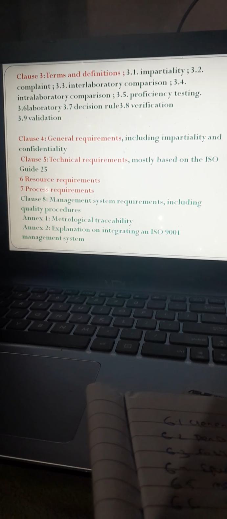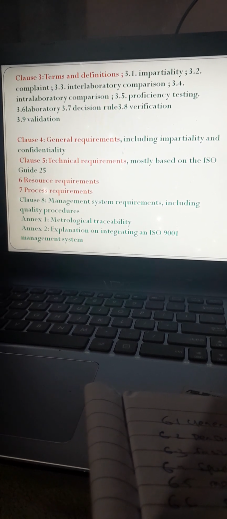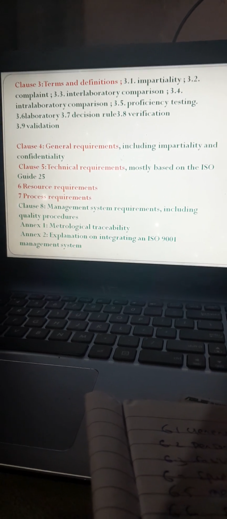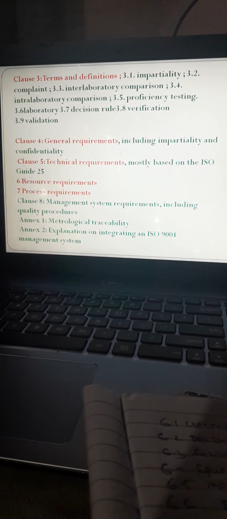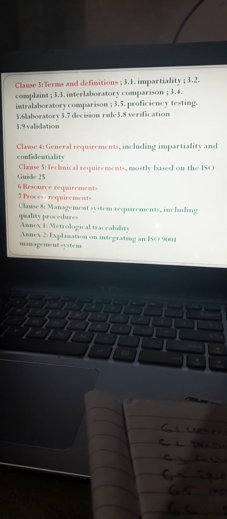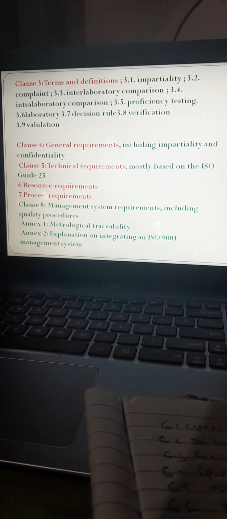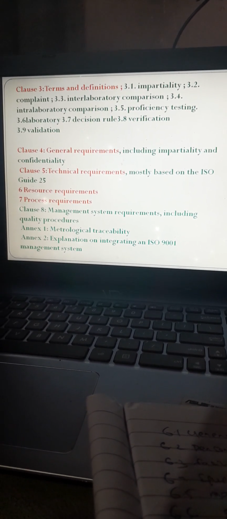And clause 7 is process requirements. Clause 8 is management system requirements, including quality procedures, and annexes on metrological traceability and an explanation on integrating an ISO 9001 management system.